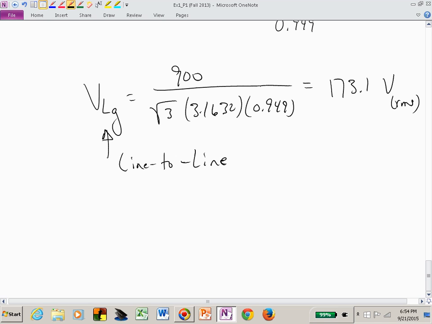And we know this was positive phase sequence. That says then that the V line is equal to the square root of 3 if we were doing phasors at plus 30 degrees V sub, let's say, AN.